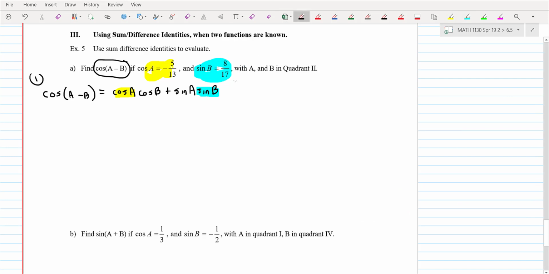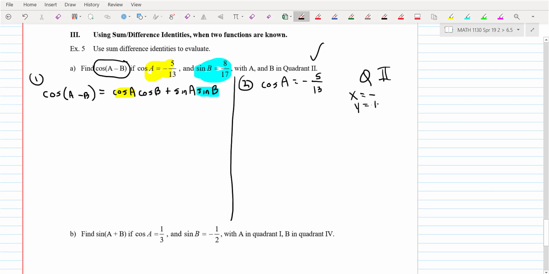So the second thing I would recommend you do is just look at, we have the cosine of A is negative 5 over 13. The problem says that you're in quadrant 2. So if you're in quadrant 2, x is negative, y is positive, and r is always positive.